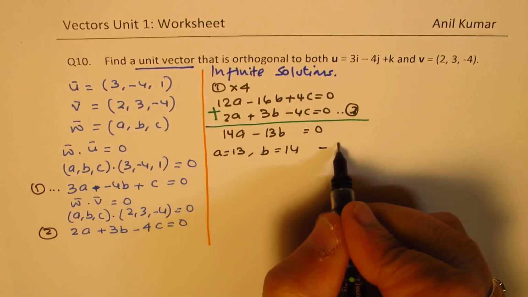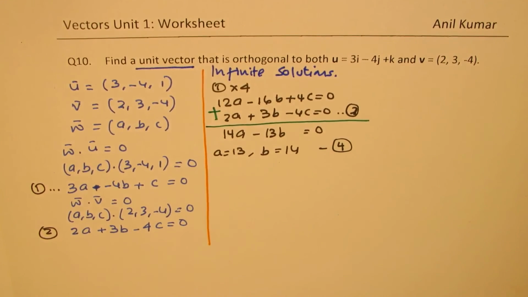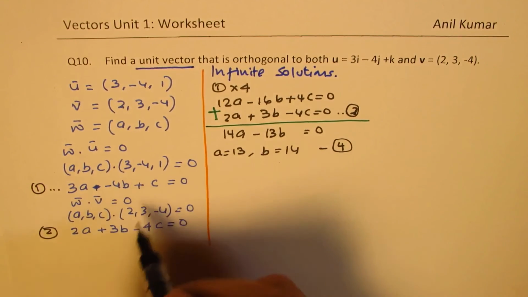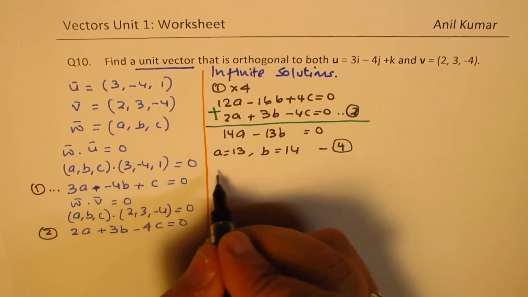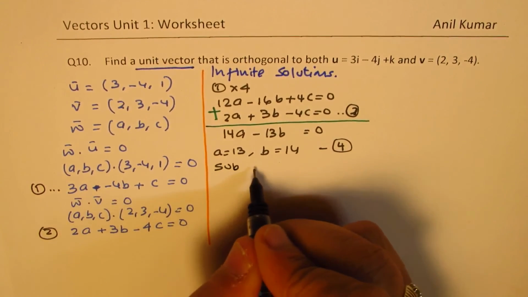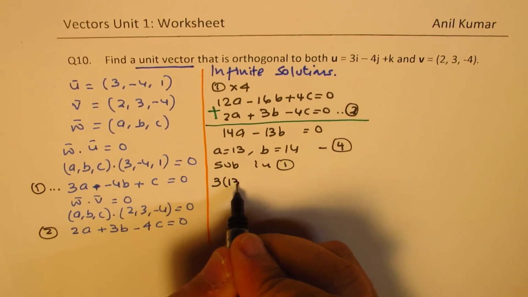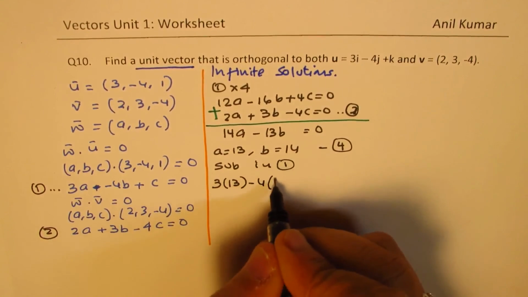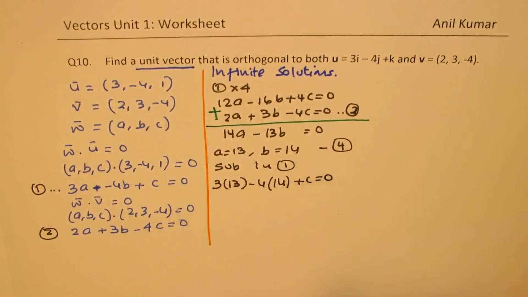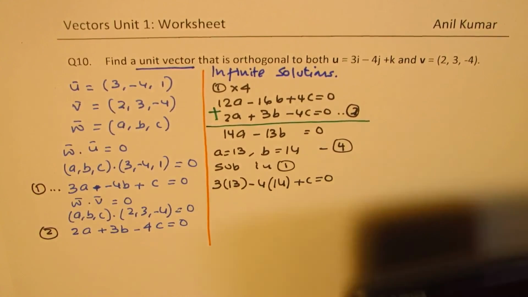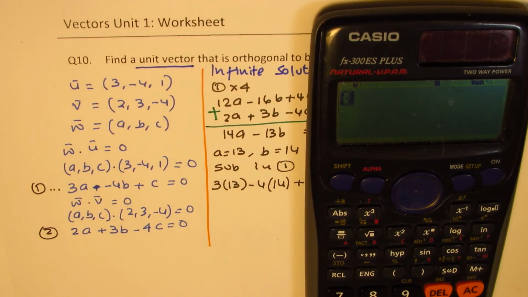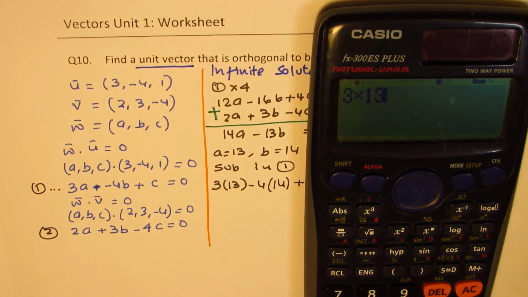So if that is our solution, we'll call this equation 4. We'll substitute this in 1, right? So substituting in 1: 3 times 13 minus 4 times 14 plus c equals 0. So let's calculate these values. 3 times 13 is 39, and from this we'll take away 4 times 14.